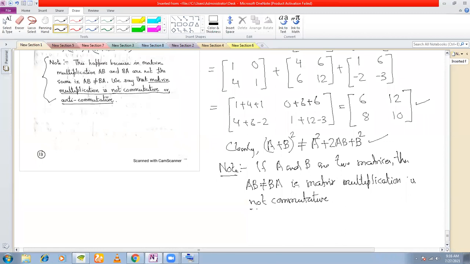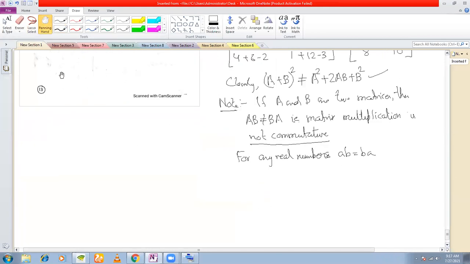Right? Not commutative. What does not commutative mean? If AB is equal to BA, then we say that it is commutative. For example, for any two real numbers, AB is equal to BA.